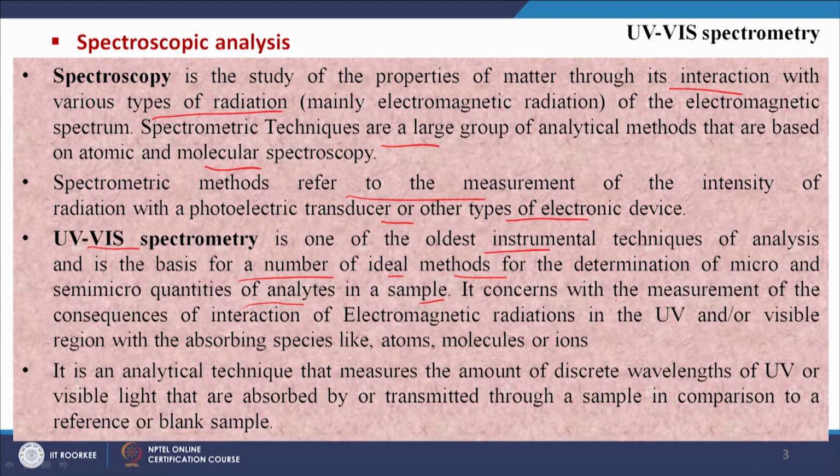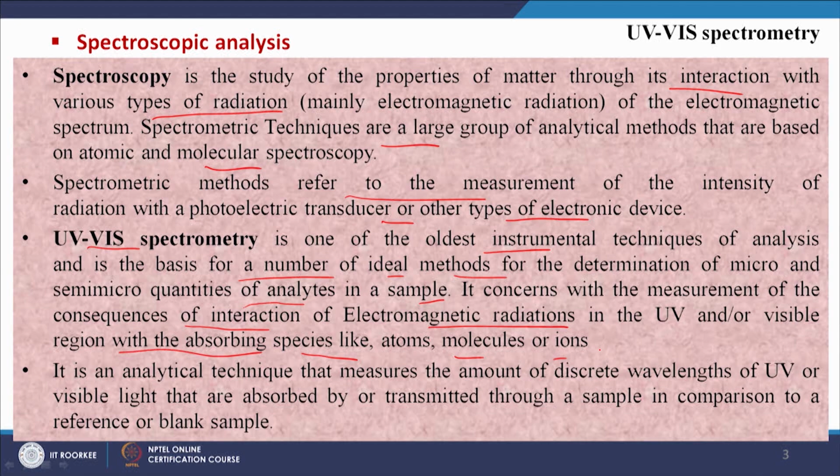It concerns the measurement of the consequences of interactions of electromagnetic radiation in the UV and or visible region with the absorbing species like atoms, molecules or ions.